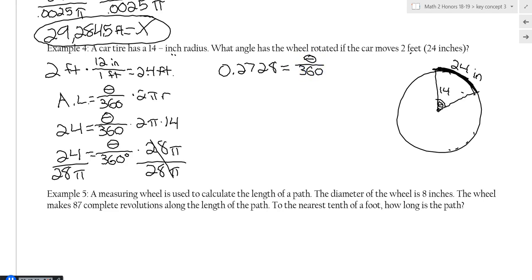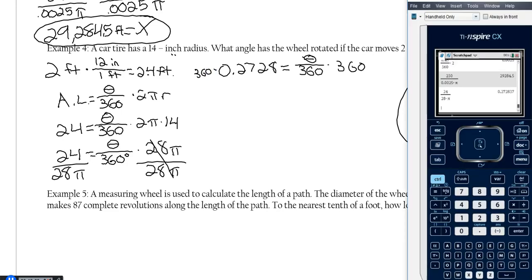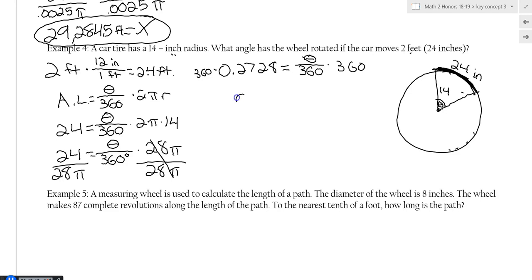And now that I have my angle divided by something, I'm just going to multiply. So I'll take what I have in my calculator and multiply it by 360, and I get 98.2. Now we're looking for the angle, so that's 98.2 degrees.